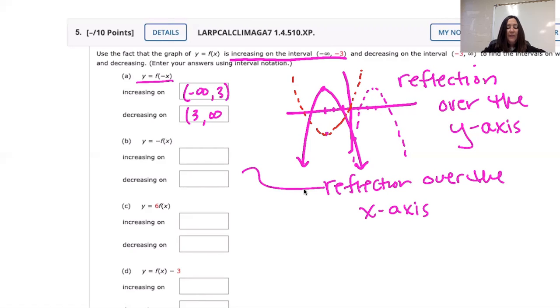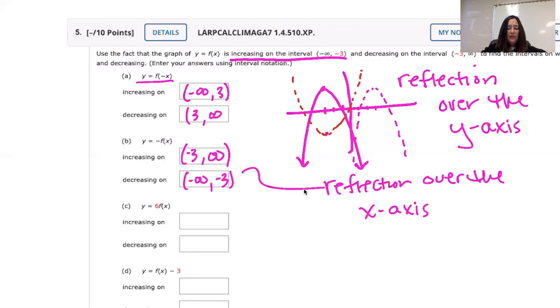So then what is happening is our increasing and decreasing is changing. It's decreasing from -infinity to -3, and it's increasing then from -3 to infinity. One thing to look at when you are doing increasing and decreasing, they will always use parentheses and not closed brackets.